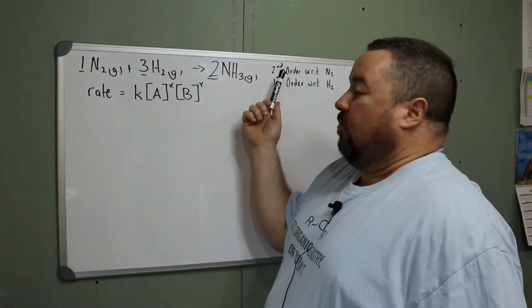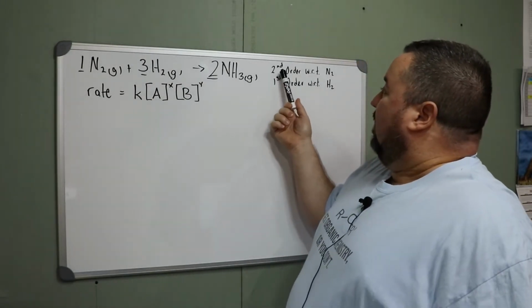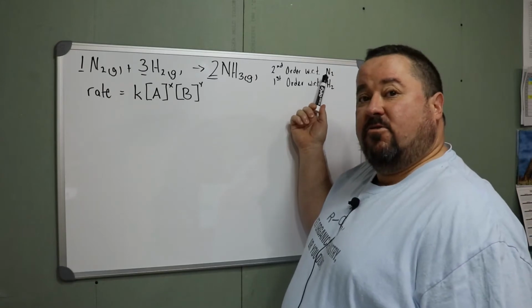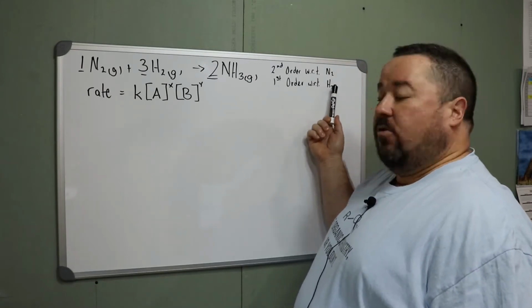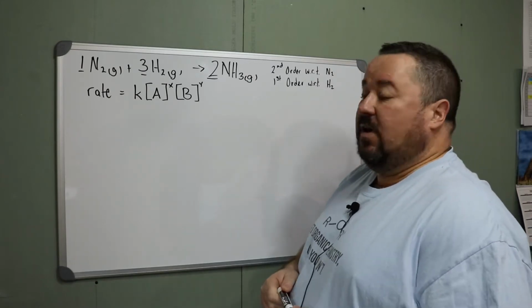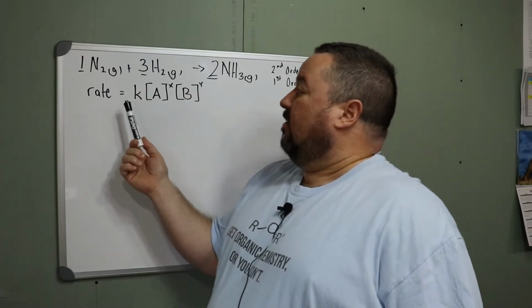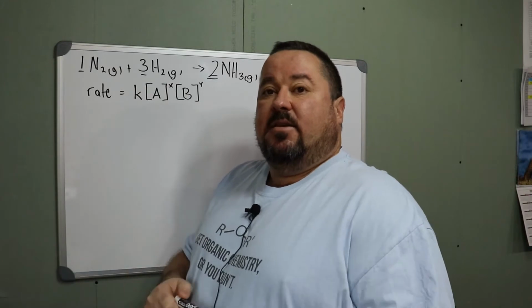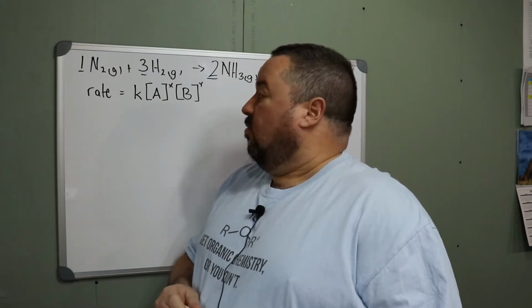In the body of the question, it also tells us that the reaction is second order with respect to the concentration of N2 and first order with respect to the concentration of H2. The question asks us to calculate the rate constant, to write the rate law, and to determine the overall order.